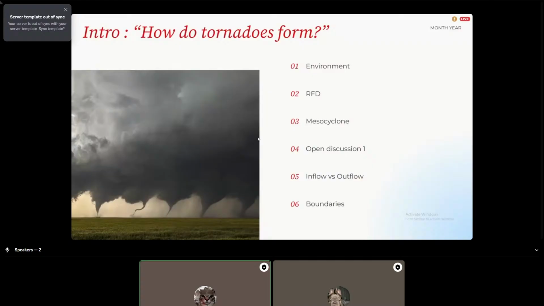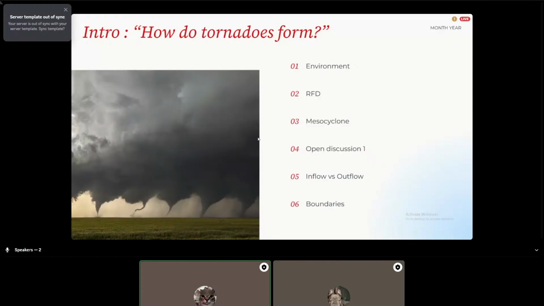Introduction. How do tornadoes form? First off, you need the right environment. This includes the moisture, the instability, the humidity, the wind shear, the deep level shear, all of that. The rotation, which is pretty obvious.